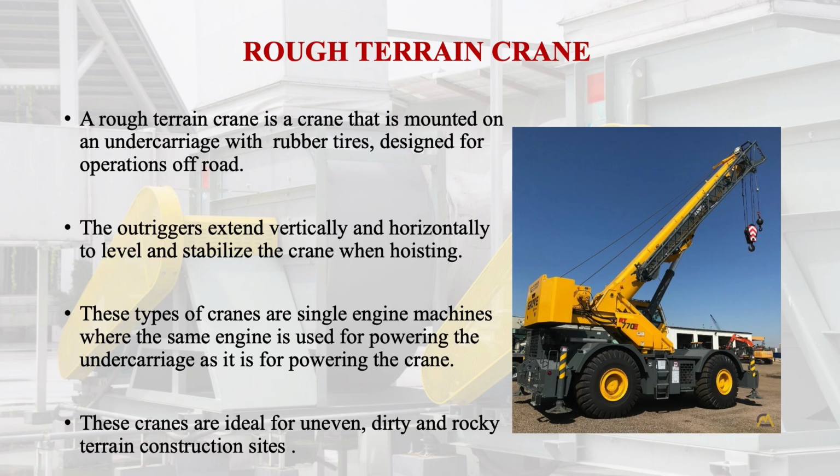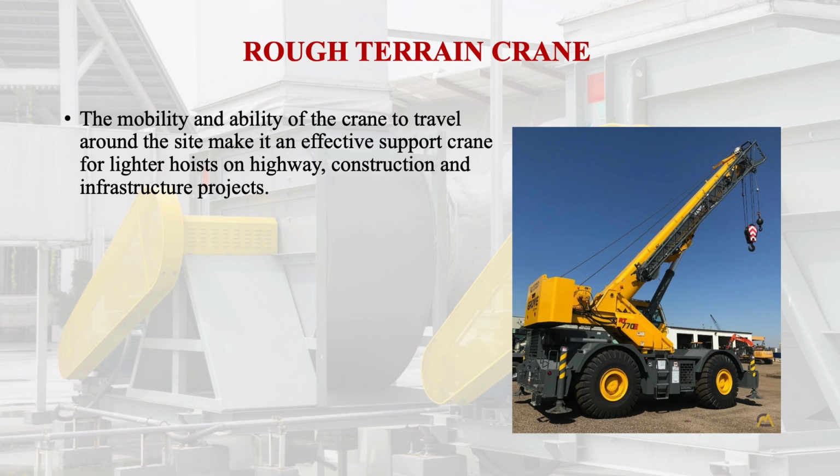These cranes are ideal for uneven, dirty and rocky terrain construction sites. The mobility and the ability of the crane to travel around the site make it an effective support crane for lighter hoists on highway construction and infrastructure projects.